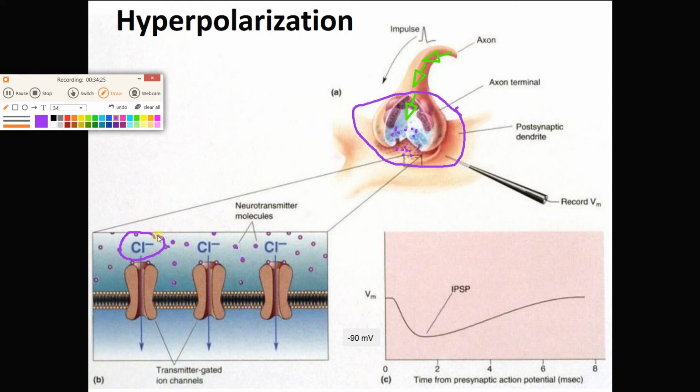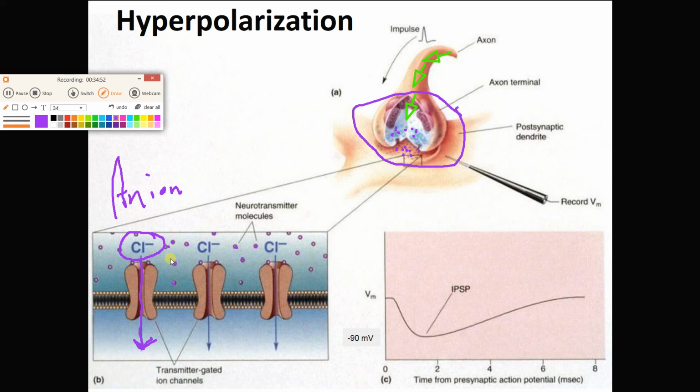And look what chloride does. Chloride is going to rush into the cell. Check out what kind of ion chloride is. Chloride is a negatively charged ion, which we refer to as an anion. And so when chloride rushes in, that makes the interior of the cell at this particular spot more negative.